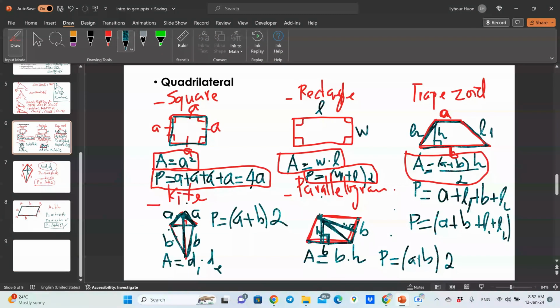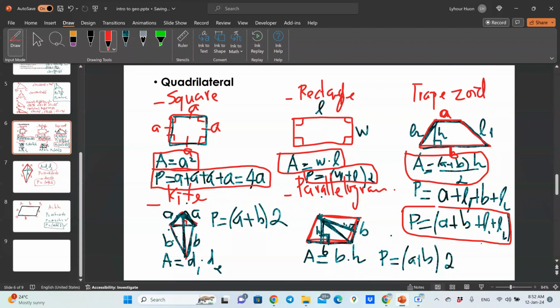And the perimeter of the trapezoid is A plus B plus what? Okay, my writing is unreadable.